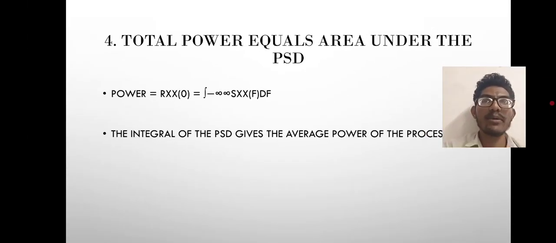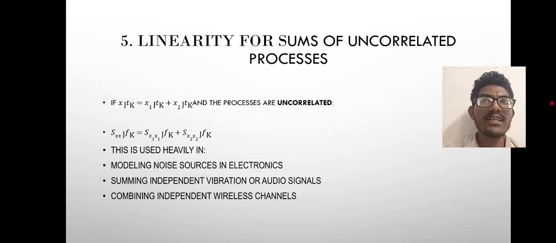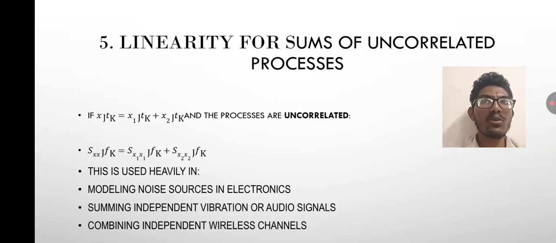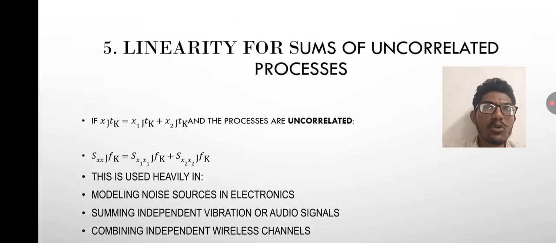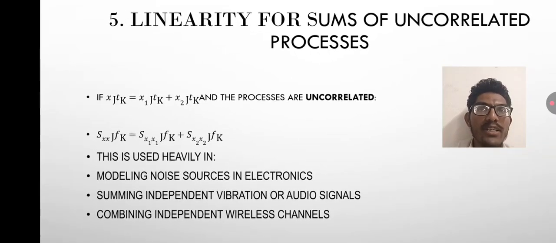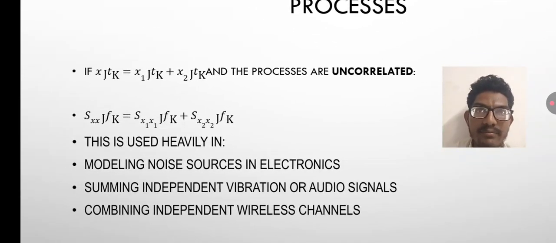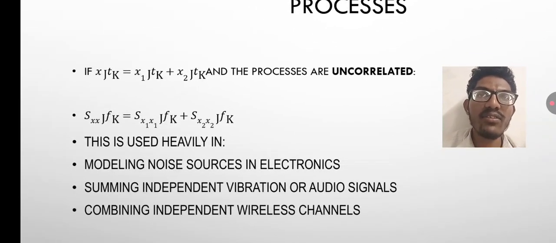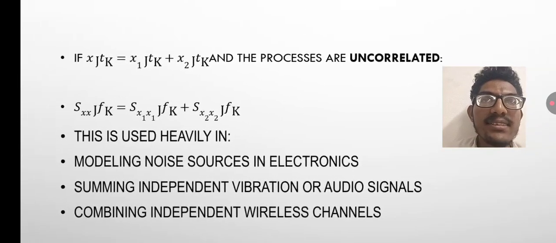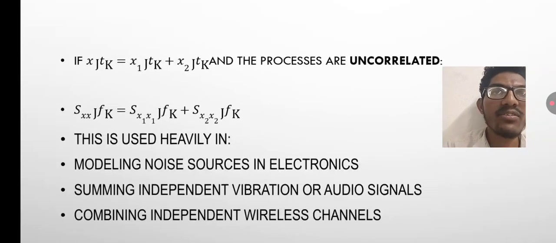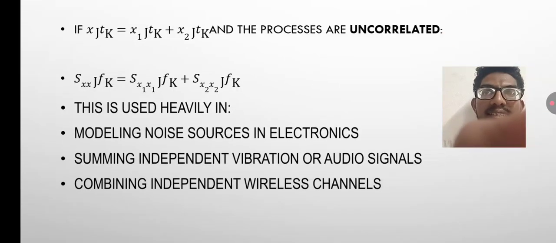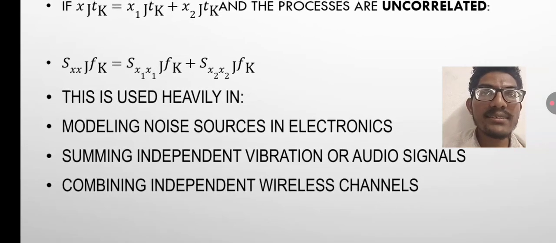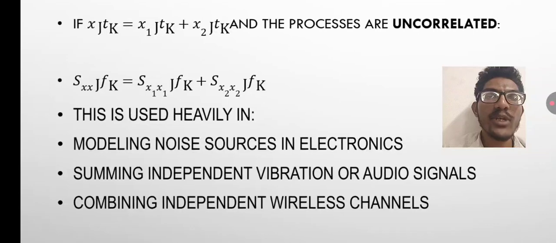Next, the fifth property is linearity for sums of uncorrelated processes. This is the main and most important property of the five properties. First, if x of t equals x1 of t plus x2 of t, and the processes are uncorrelated, then Sxx of f equals Sx1x1 of f plus Sx2x2 of f.